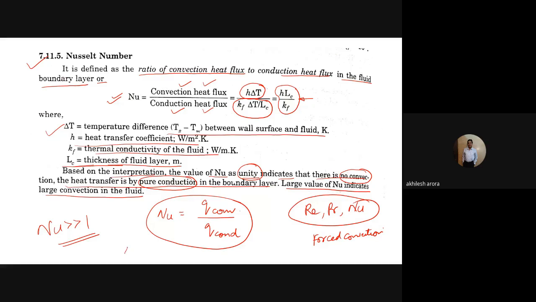You have seen that the local Nusselt number equation that you got was equal to 0.332 Prandtl number raised to power 1 by 3 into local Reynolds number raised to power 1 by 2. So basically, these three non-dimensional numbers are giving us the value of the heat transfer coefficient in case of forced convection. That is why these three numbers are used in forced convection only.